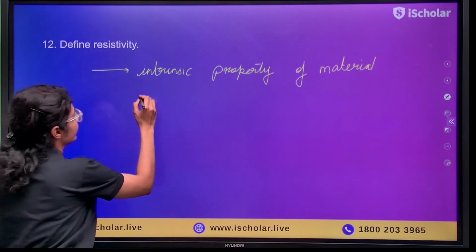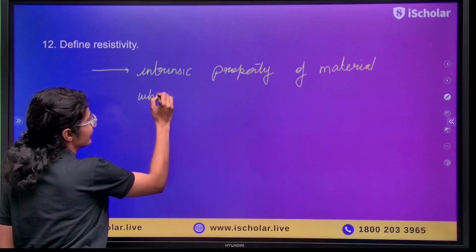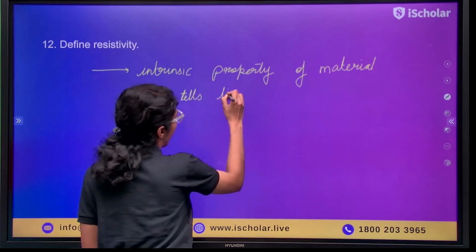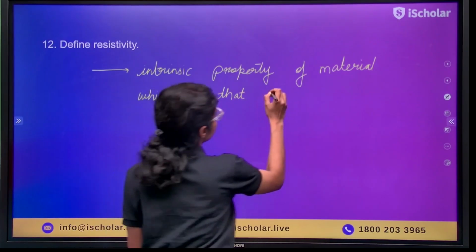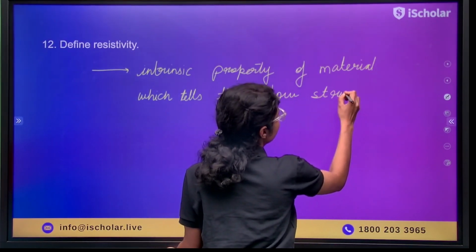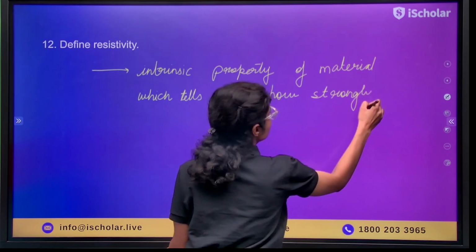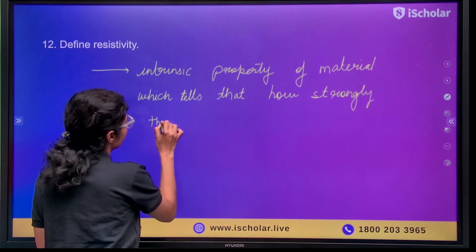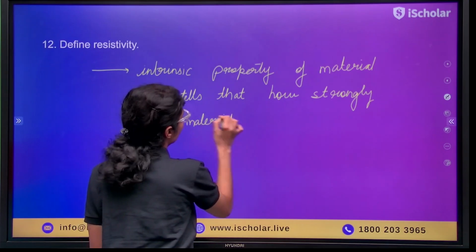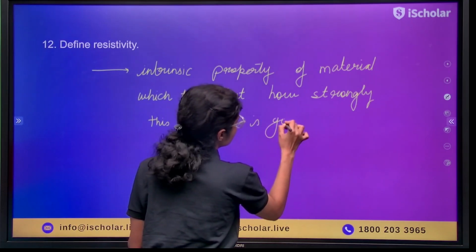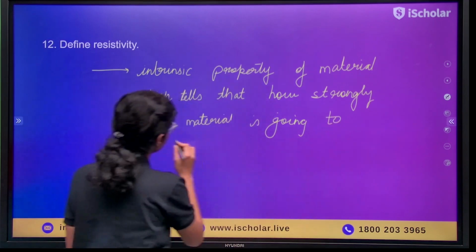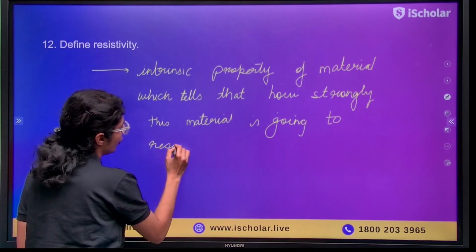Intrinsic property of a material which tells how strongly this material is going to resist the flow of current.